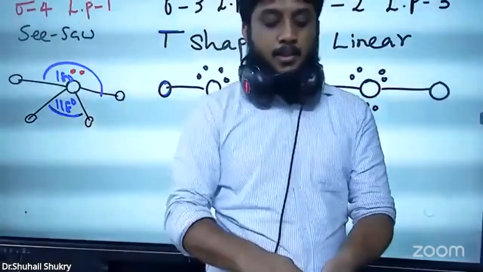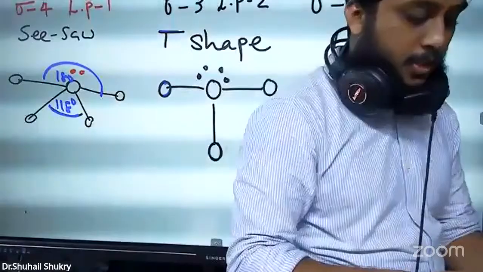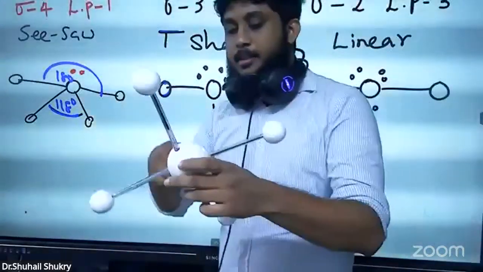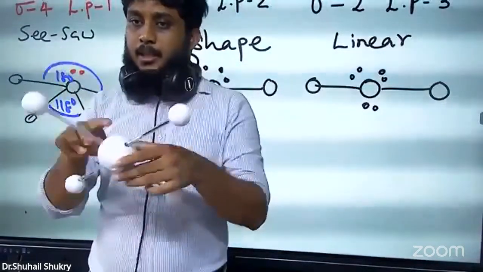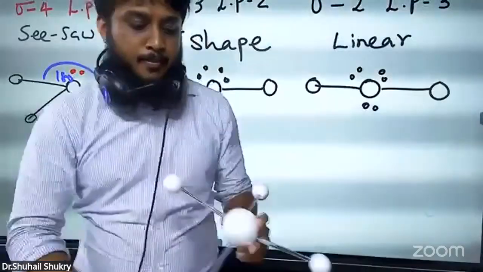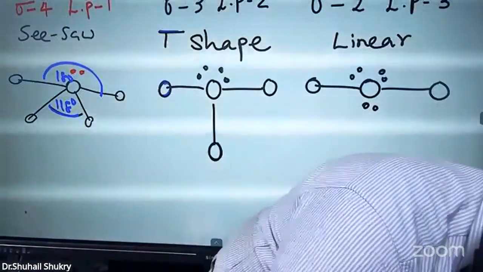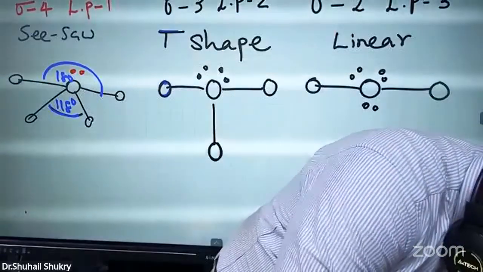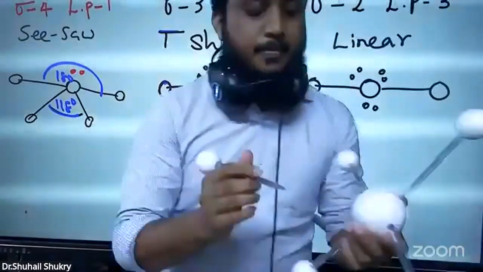First of all, this is the first part. We have to make a square like this. After that, I have to put a linear part for this side. If I put the linear part, it will be like this.